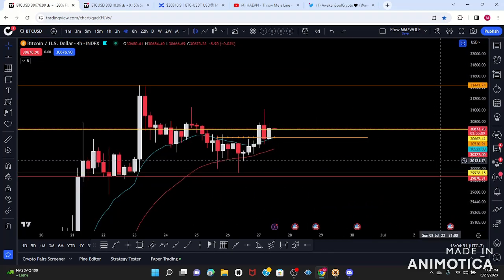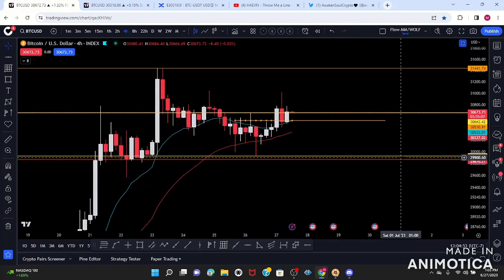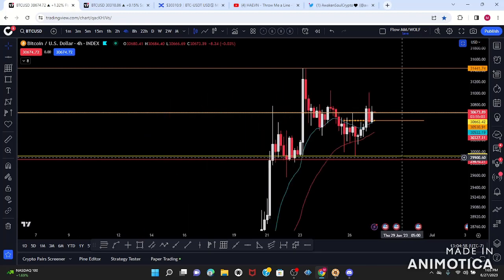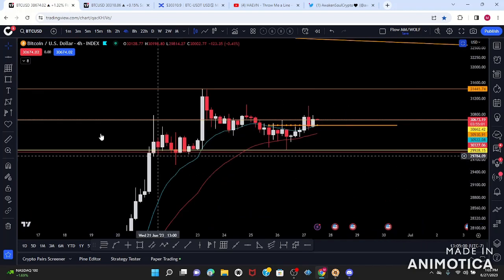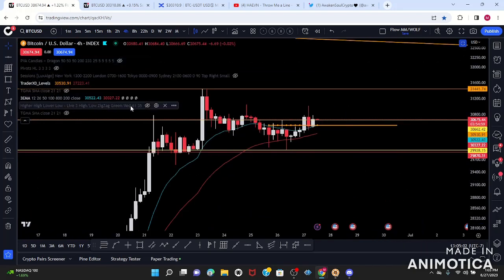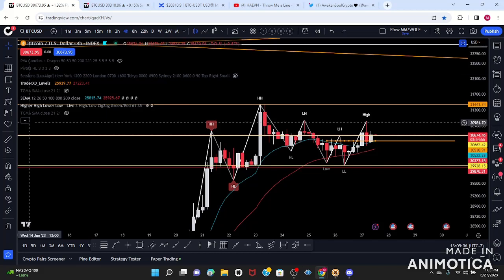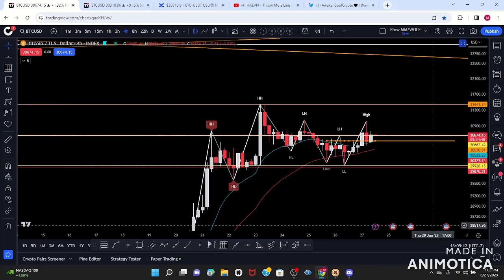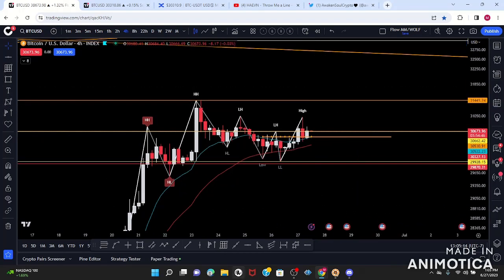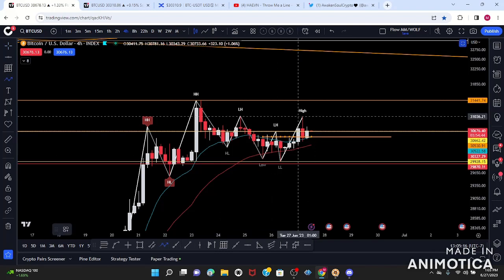So now that I'm in my 4 hours, if you know my strategy, you know that 4-hour trend lines are critical in my opinion. So what I'm going to do is turn on the higher high, lower low indicator, best indicator in the world. If I would give you one indicator, it would be this one because it's market structure, guys. It's all market structure. So just looking at it in the 4-hour, what do we see? New highs being made. So what do I expect by market structure, right?